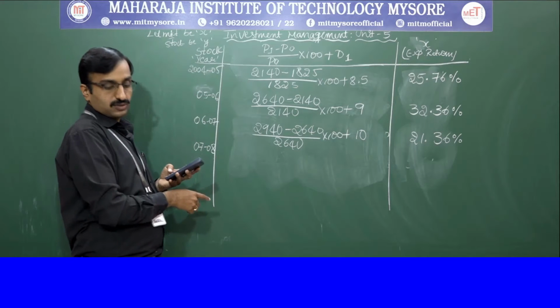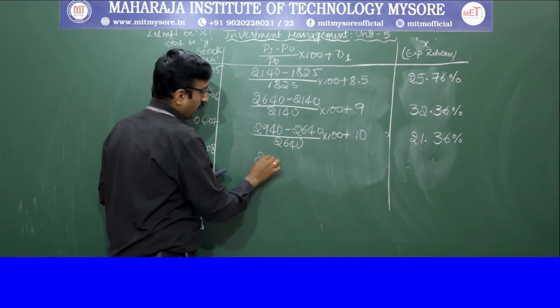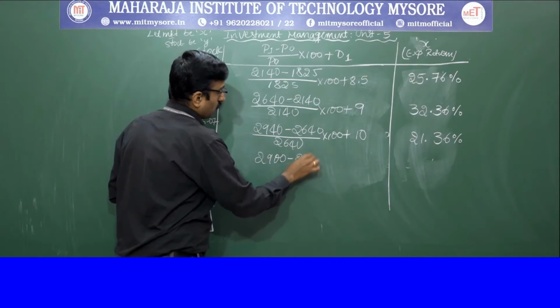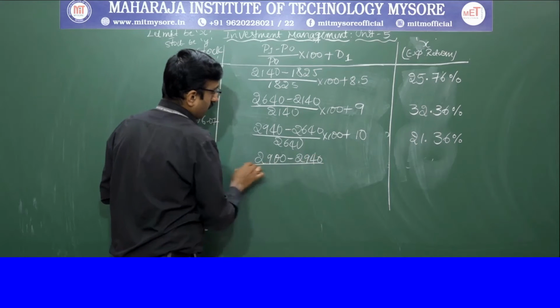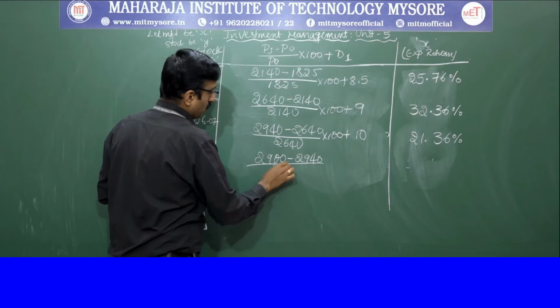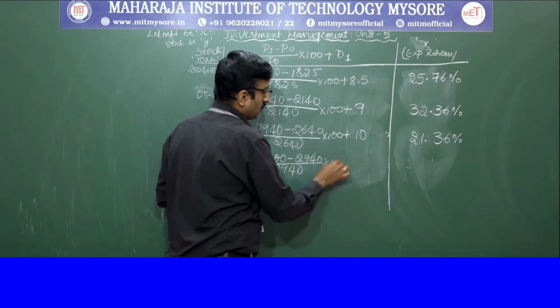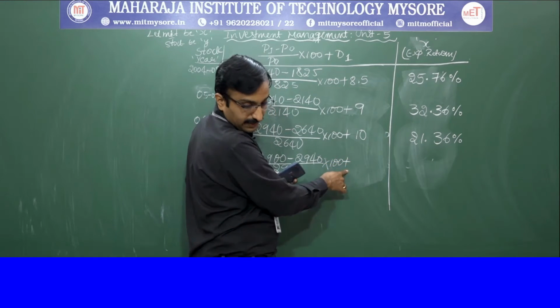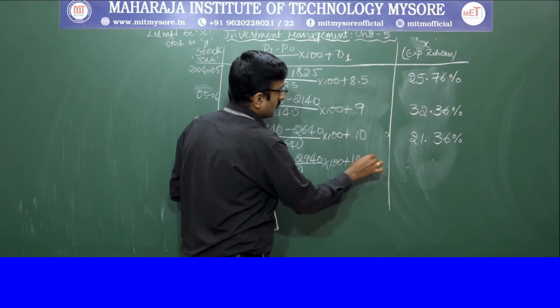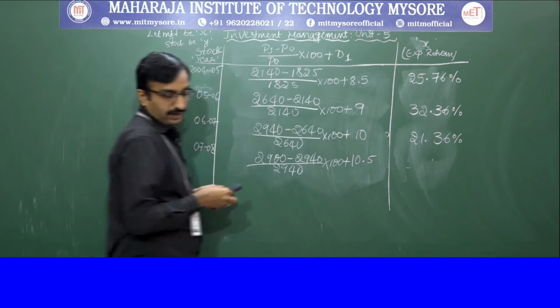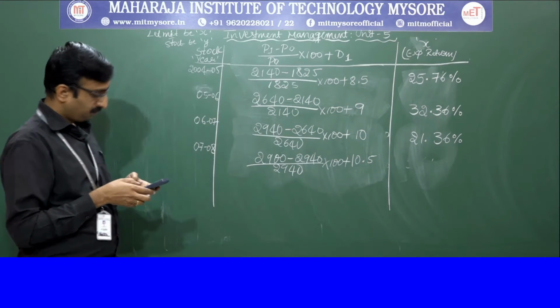Next, the last year. So how much you have? 2900 minus 2940 divided by 2940, we will consider, into 100 plus current year dividend, which is 10.5 we have.